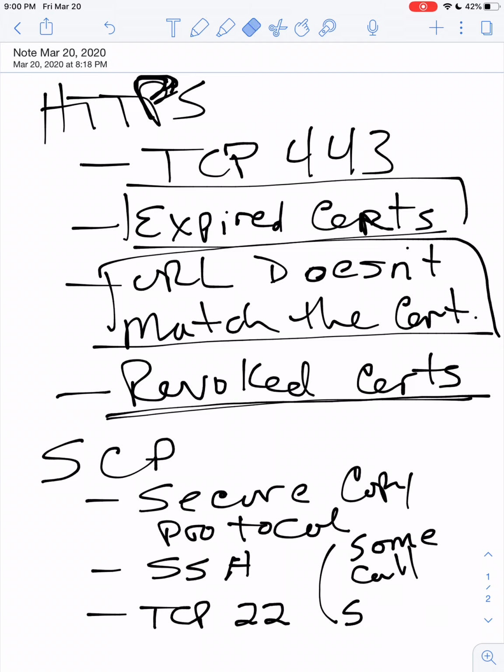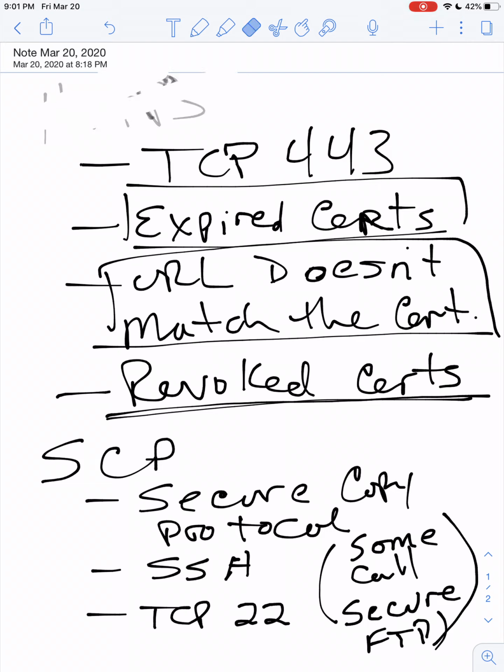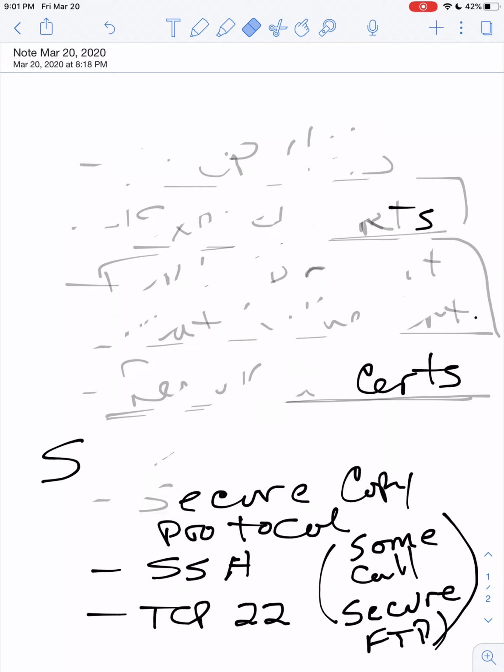Just keep that in mind. It is a copy protocol. So some people call it the Secure FTP protocol, but it's not. It's not FTP based. So keep that in mind. Again, Secure Copy Protocol, SCP, port TCP/22.